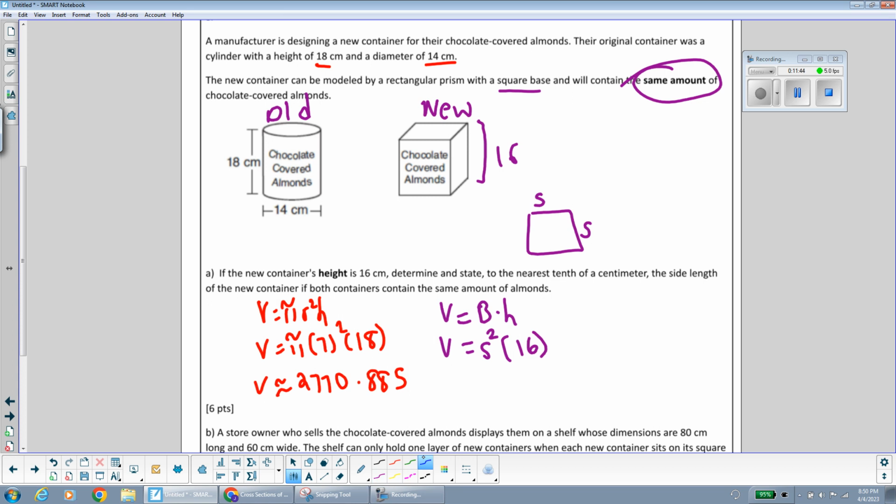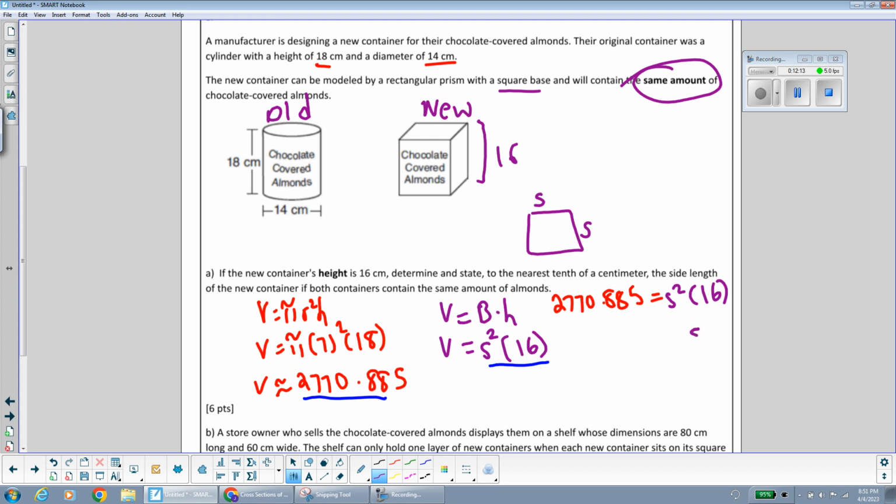So we were told that both containers hold the same amount of almonds. So the volumes are equal to each other. So I'm just going to set those equal to each other. So I'm going to get S by itself. The first thing I'm going to do is divide both sides by 16.